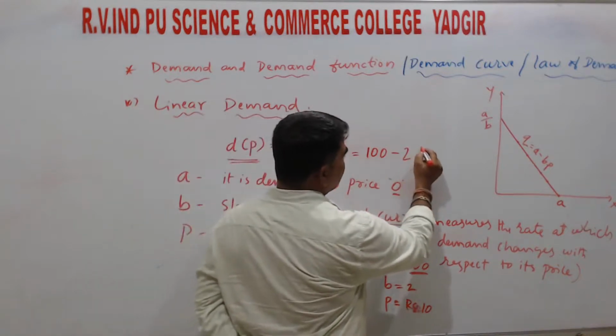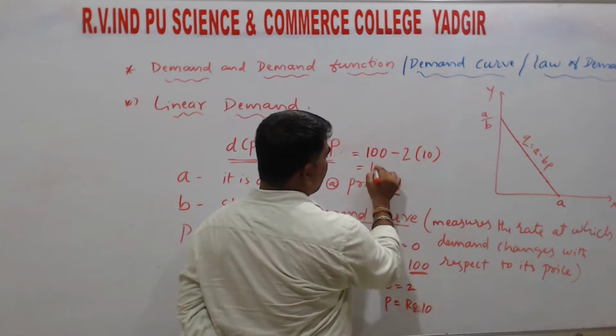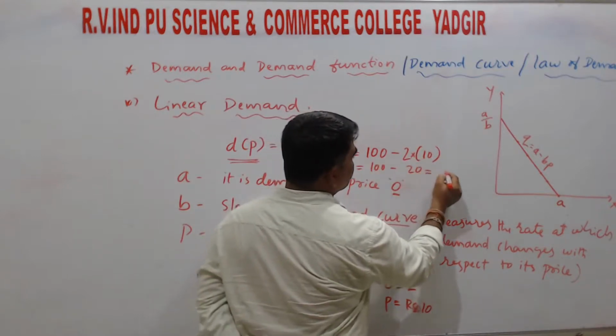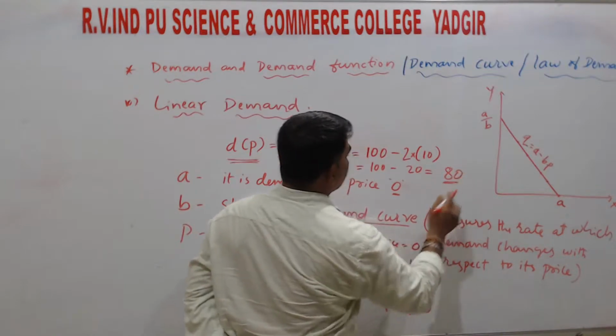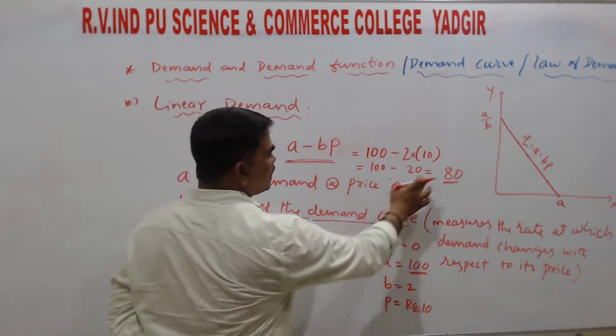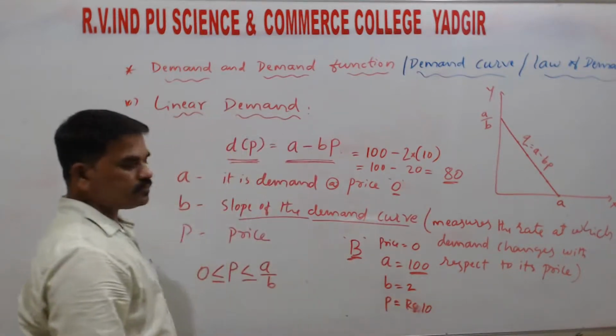The price of the banana is 10. So 100 minus 10 into 2, that is 20, so 80 is the demand for banana when the price is 10.